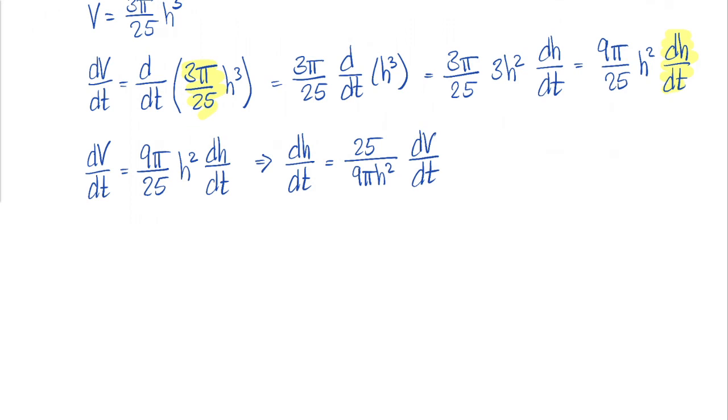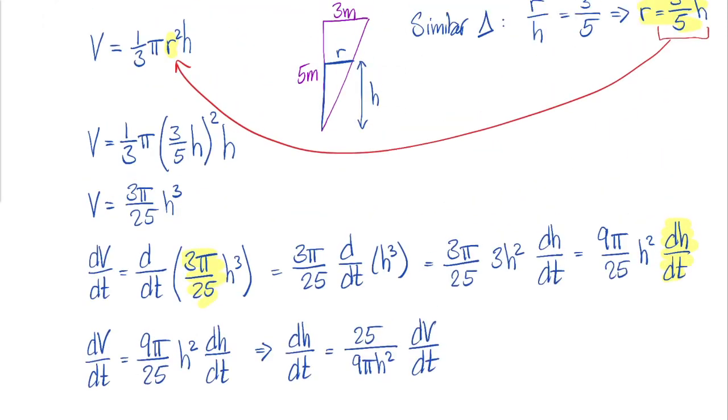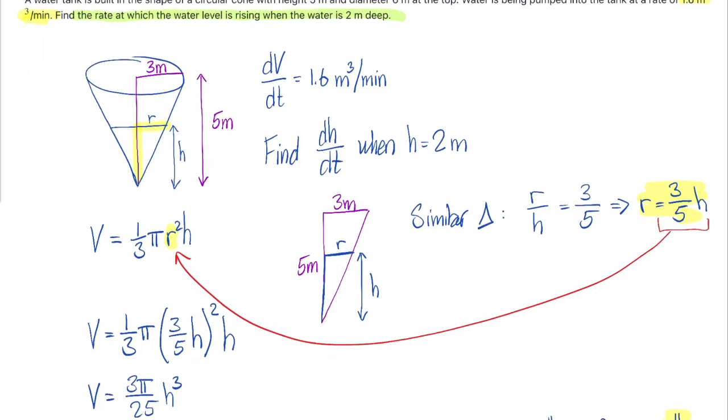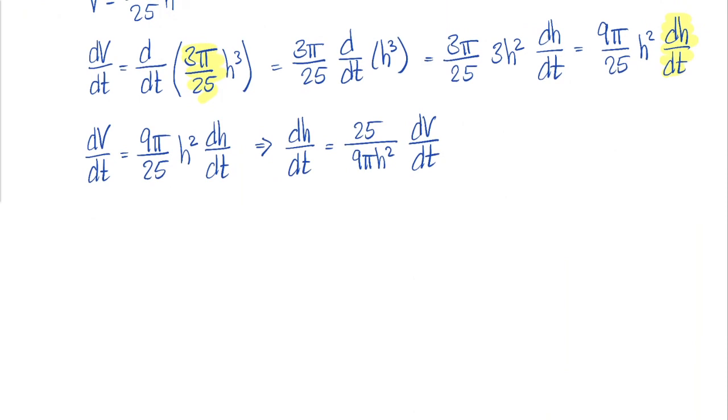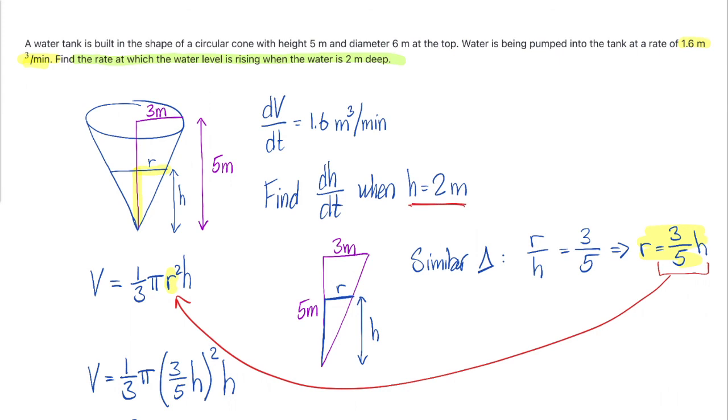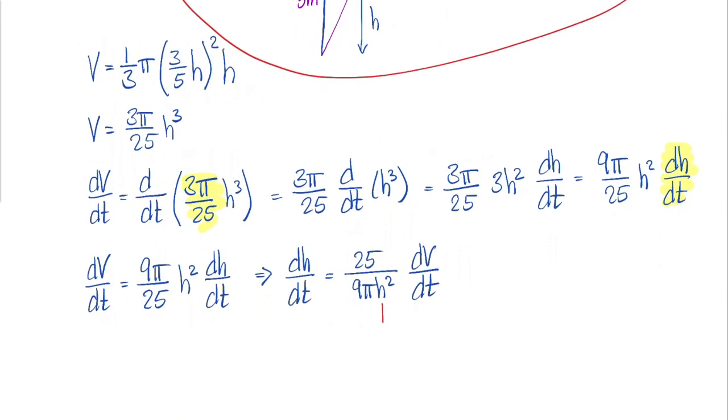And at this point, what we can do is plug in our dV/dt, which was 1.6 cubic meters per minute. So we know dV/dt, but do we know the height? Well, we do. The height was 2 meters. We have the height and we have the rate at which the volume is changing, so we can just plug that in.